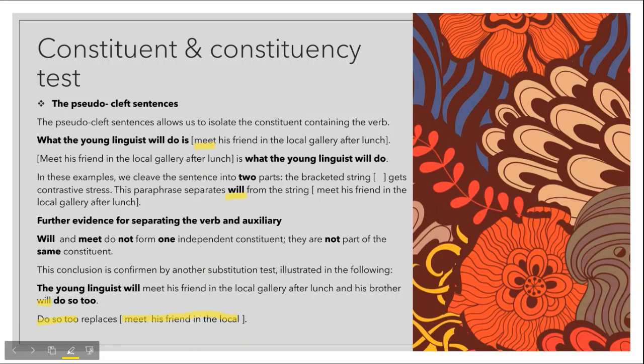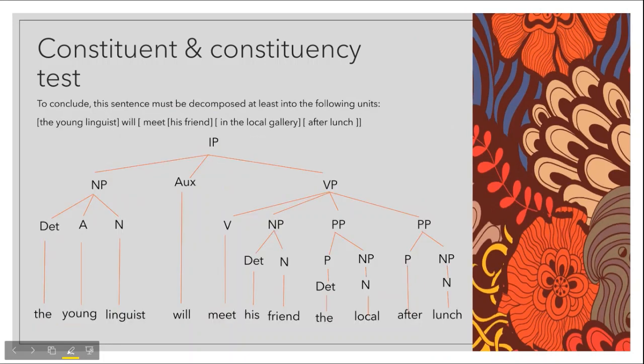Okay, so let's move on. To conclude, this sentence must be decomposed at least into the following units. The young linguist will meet his friend in the local gallery after lunch. It gives us this big and very nice tree. So here we will see that the auxiliary does not fall under the VP, so it's separated.